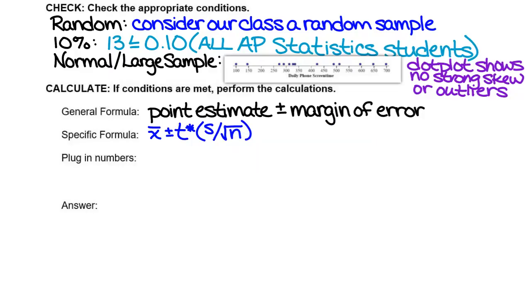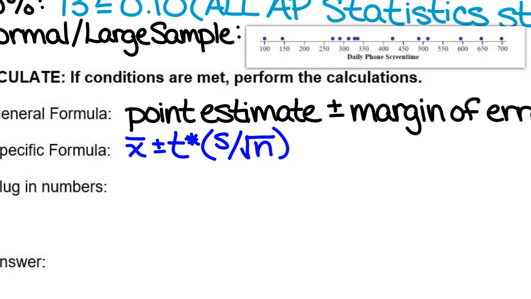T star times, we won't know sigma, so we have to use S instead. We have to use the sample standard deviation divided by the square root of n. Remember, this right here is the standard error of X bar.